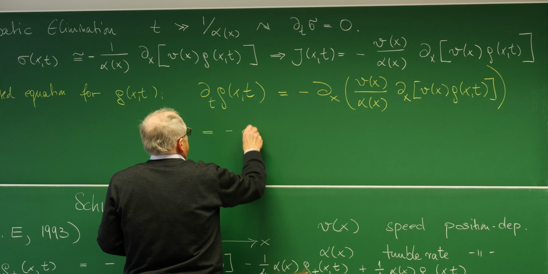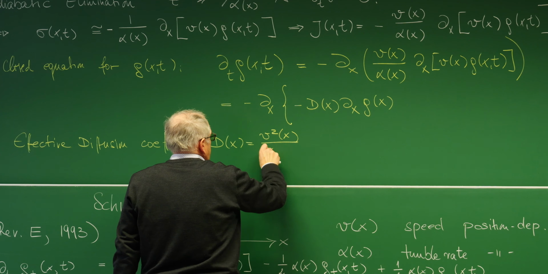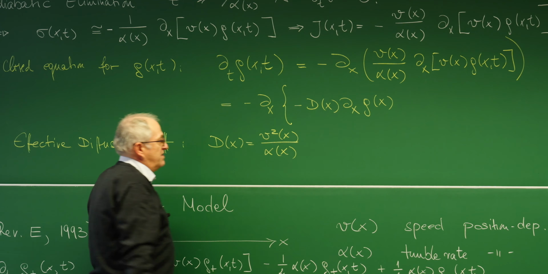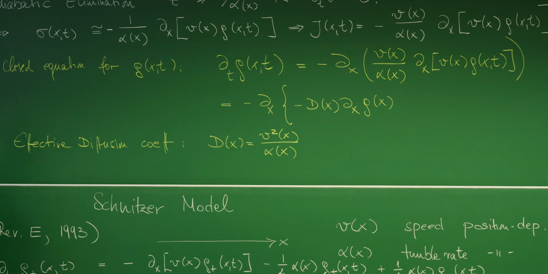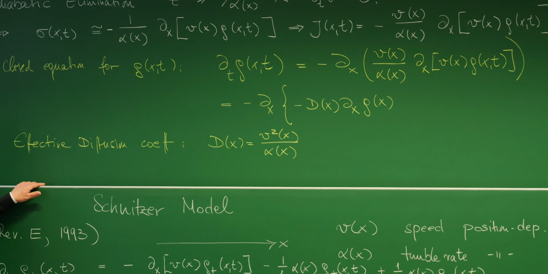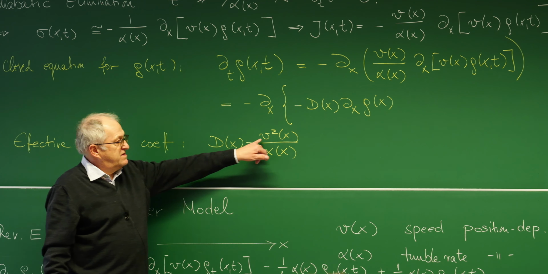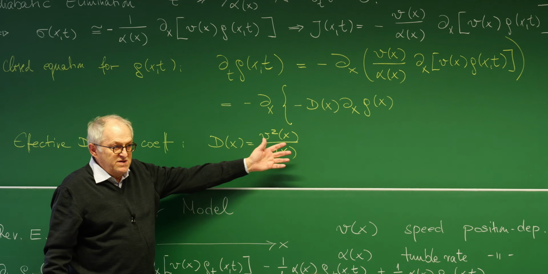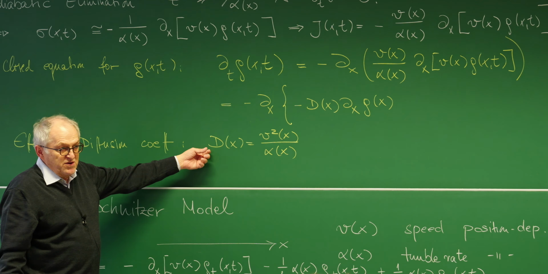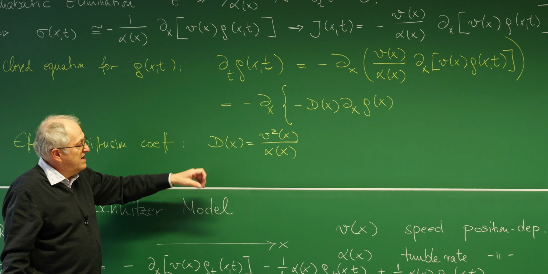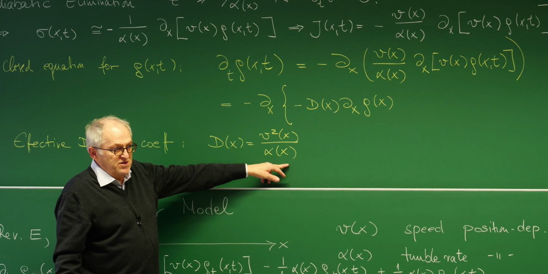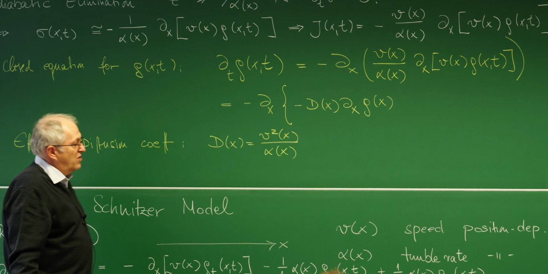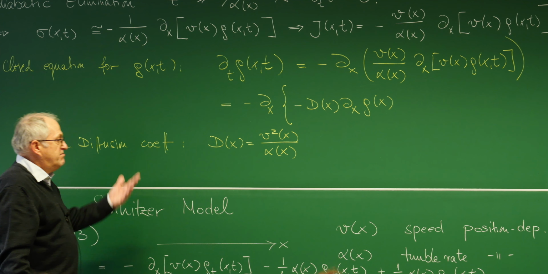D of x is v squared of x divided by alpha of x. And that's the same as before, just now with the generalization that this is a function of x. And if you look at dimensions, this is right. Diffusion coefficient has micrometer squared per second. As you work this out, you also get micrometers or length squared by seconds.